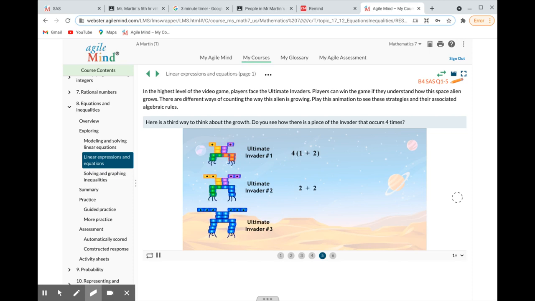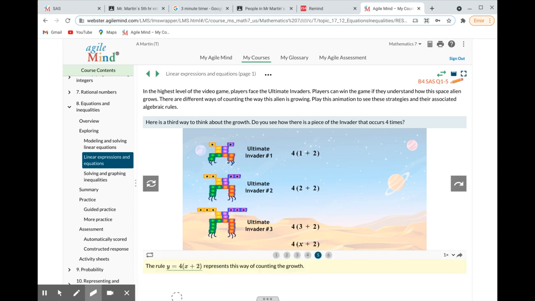So pay close attention to the top right and top left corner and the bottom right and bottom left corner. All right, so looking at that, Brooklyn was supposed to tell us what's going on. Can anybody help her? They're adding both sides?